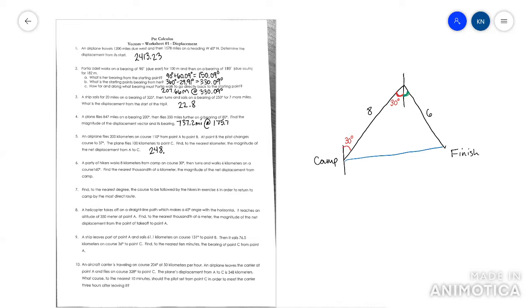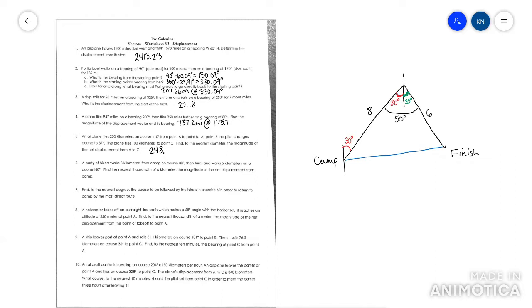So to get this angle, you need to realize that my second course, sorry, I was looking at the wrong problem for a second. My second course was at 160 degrees. This was at 160. That means this whole angle is 160, which makes this angle 180 minus 160, which is 20 degrees. So green is 20 degrees, which makes this full angle 50 degrees.